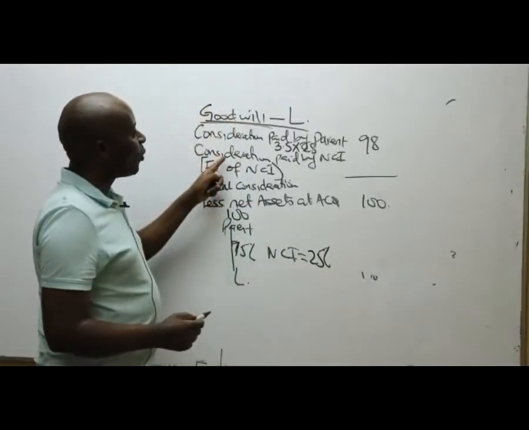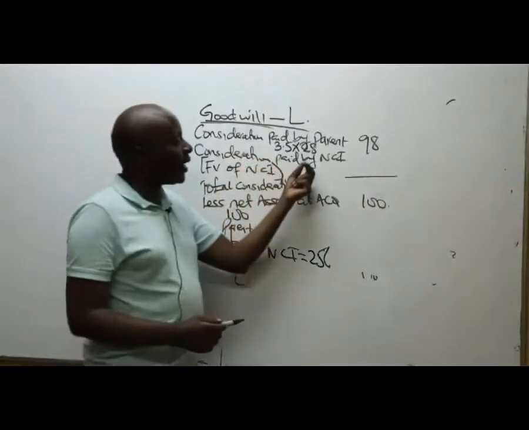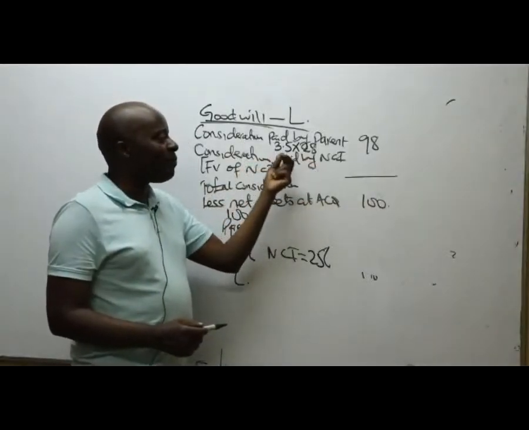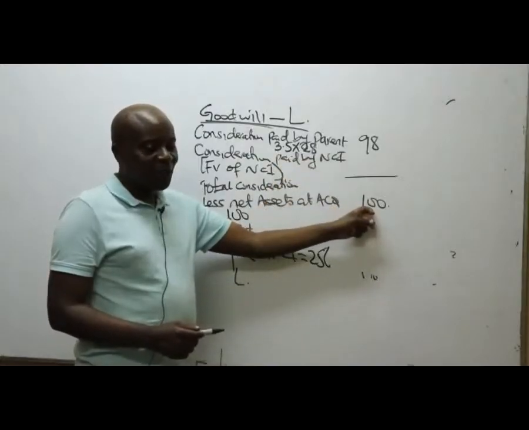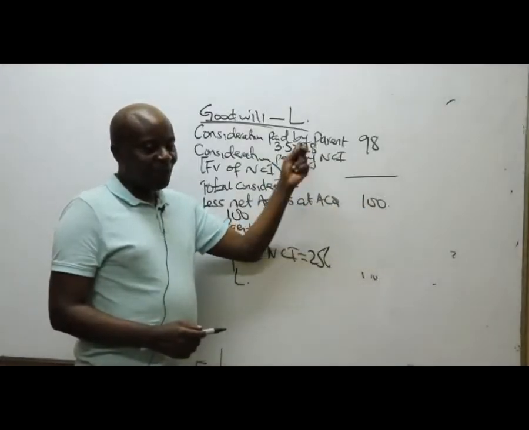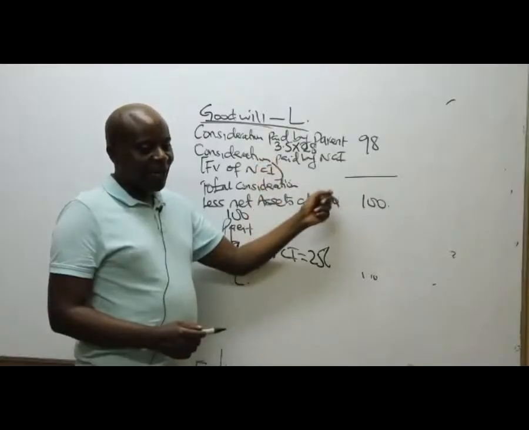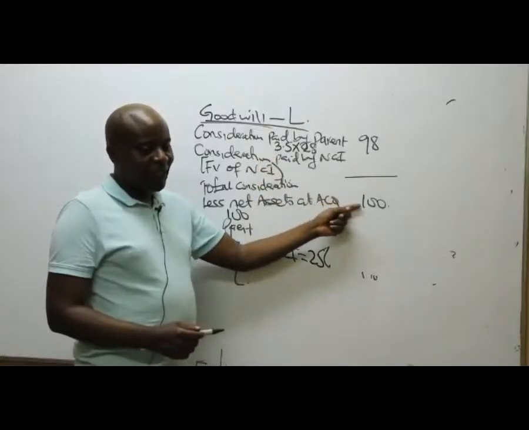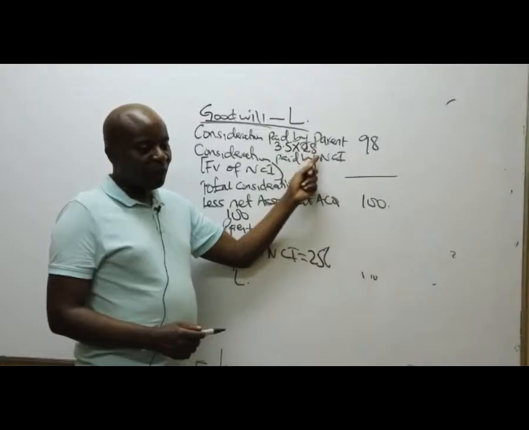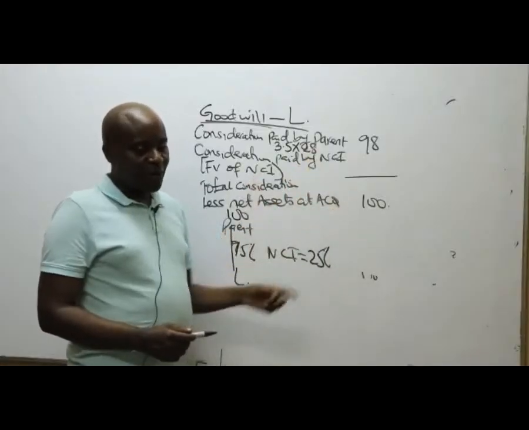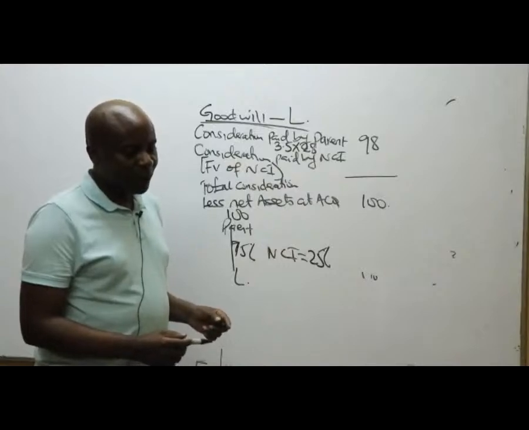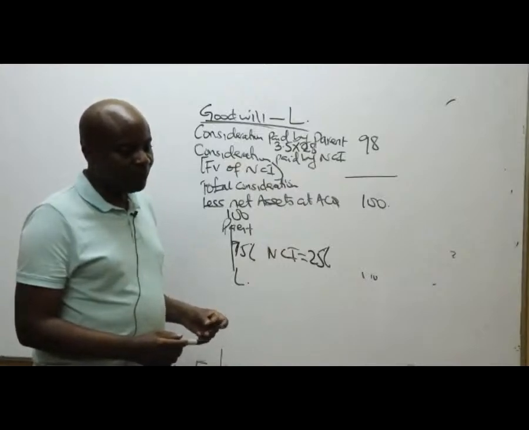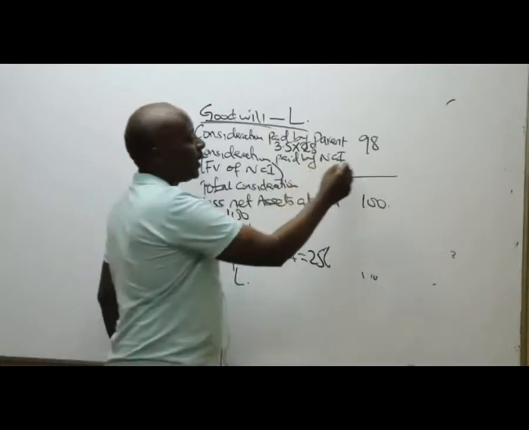So then to get the consideration paid by NCI, I will take the proportionate share of NCI of the net assets. So it is 25% of 100. 25% of 100 gives me 25.